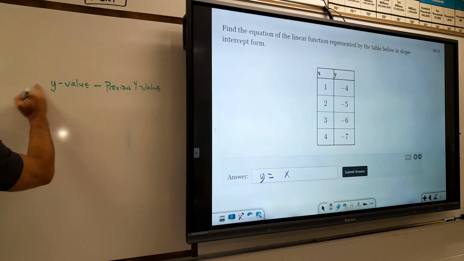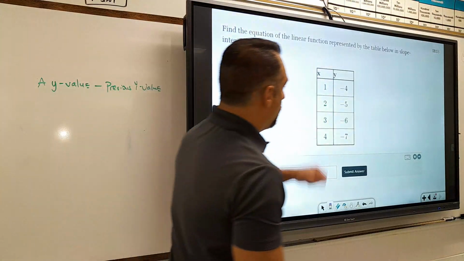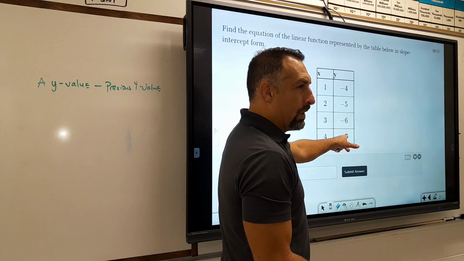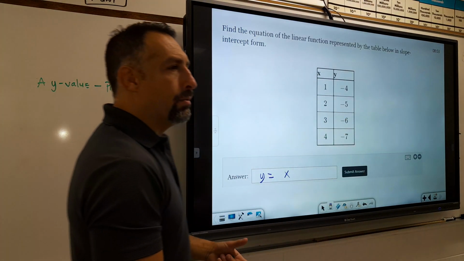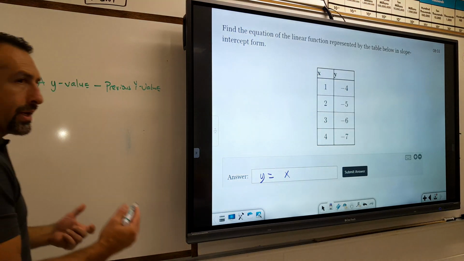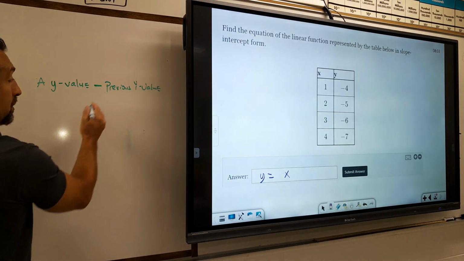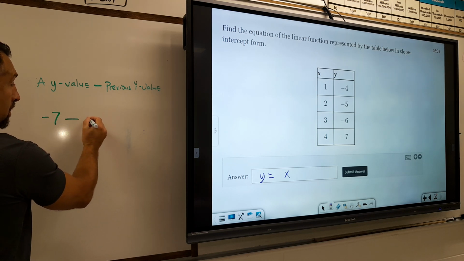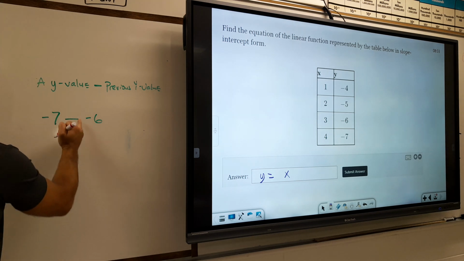So if you're struggling to get the correct change in y or slope value, let's say I take this last one. Which one is before it? The -6. So to make sure you get the right number, if you're using your calculator, you would take one of those values and then subtract the previous one. So I'd have -7 minus -6. And that will give you the pattern.